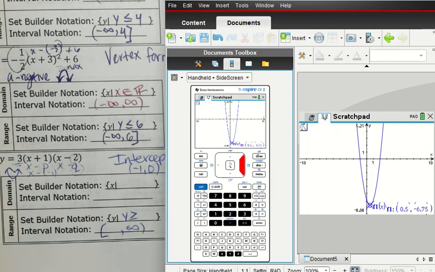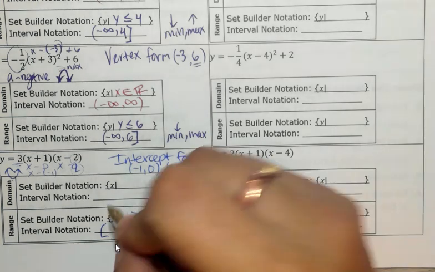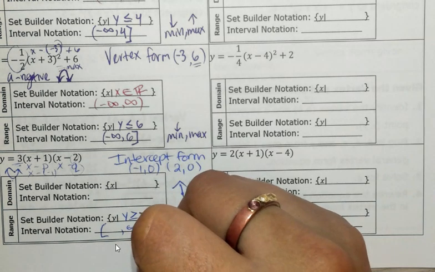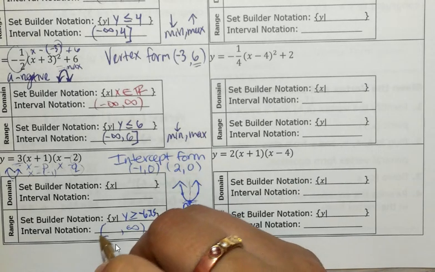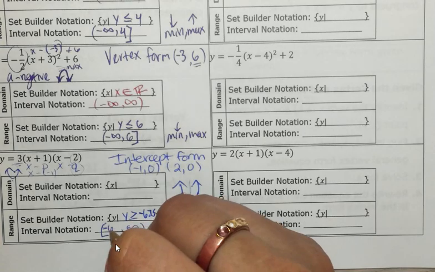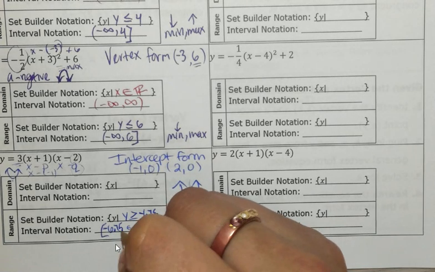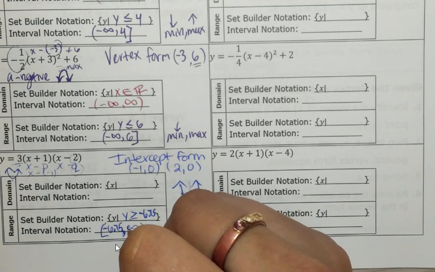So that means the lowest value that this graph goes on the y values is negative 6.75. So y values that are greater than negative 6.75. And the notation is negative 6.75 all the way to infinity.